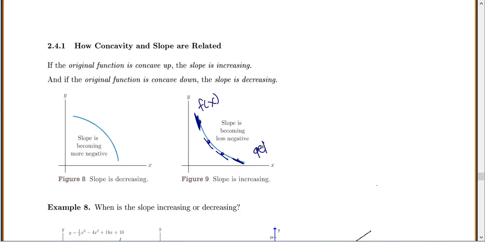So it's getting less steep, but in a negative manner. That means less steep negative is smaller, or negative numbers that are closer to 0. So slope is actually increasing.